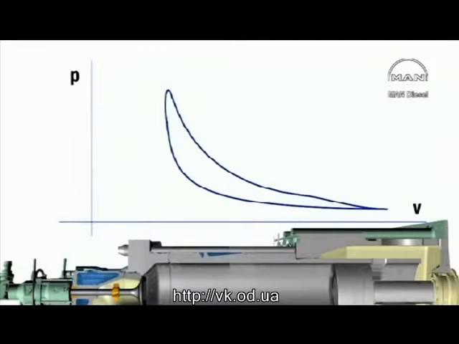From the indicator diagram, the so-called indicated output can now be computed. At any given piston position during the compression stroke, there's a certain pressure, P, acting on the piston top.